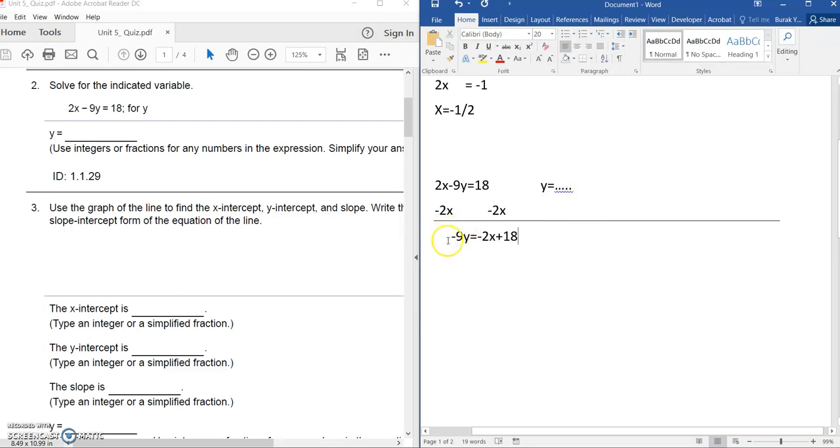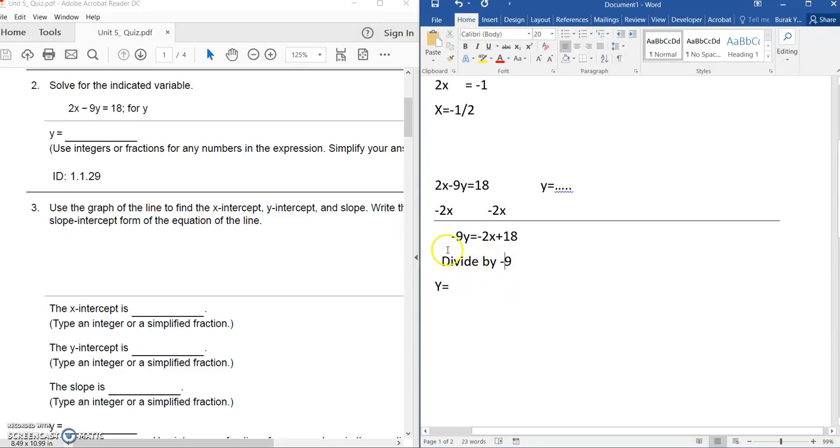So all I have to do is now get rid of this negative 9. Some of you might be thinking we can just add to cancel this, but that will be wrong because this is not negative 9 plus y, this is negative 9 times y. So the opposite operation would be to divide by negative 9.